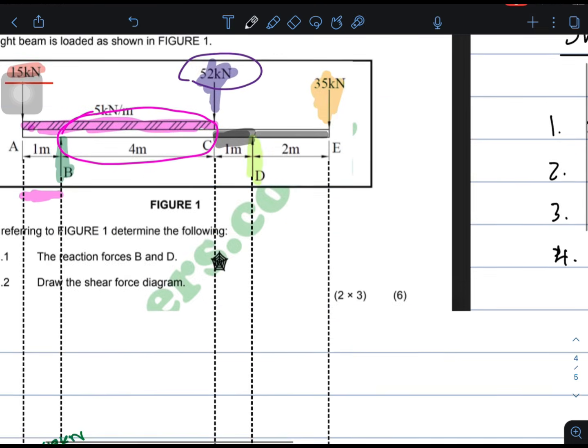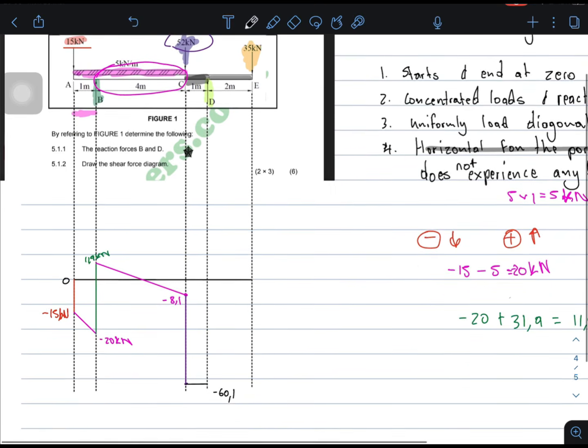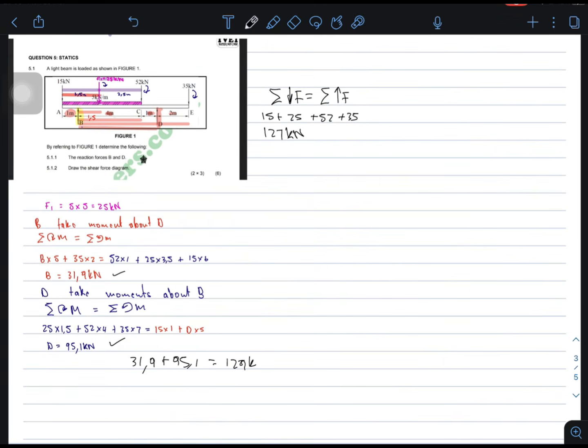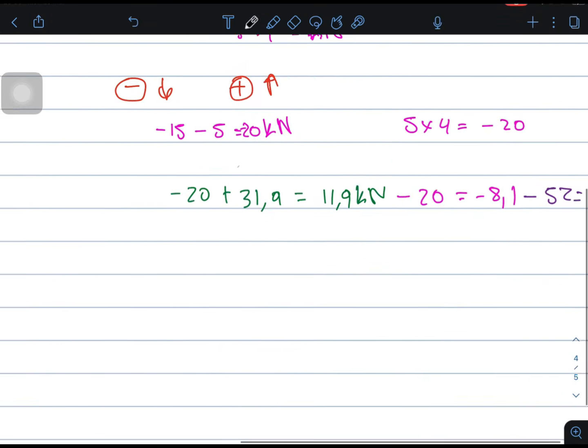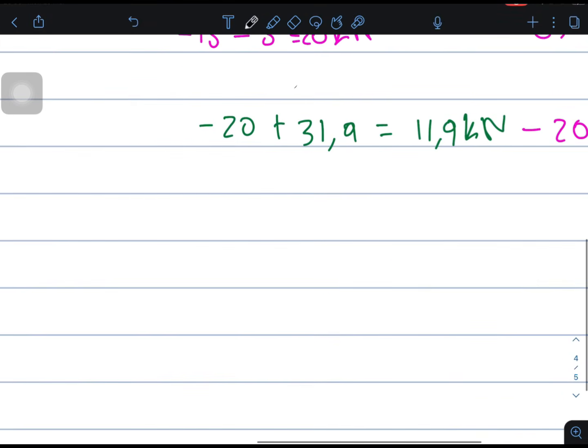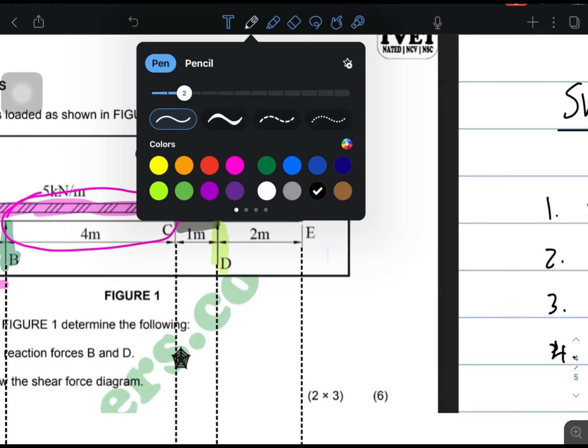Okay, then there's the upward force, which is D. What is the value of D? The value of D, we said it's 95.1. Okay, so we have negative 60.1 plus, it's acting upwards, 95.1. What color am I using? I'm using light green.